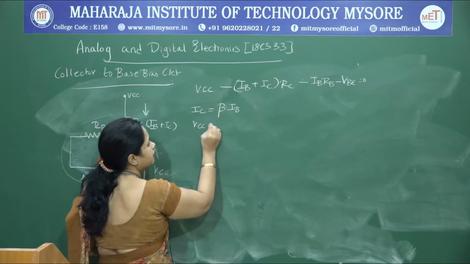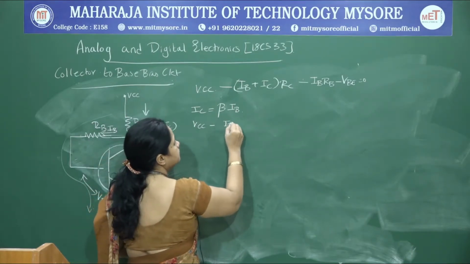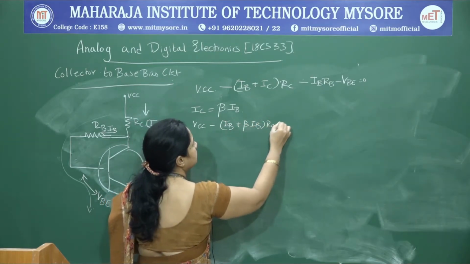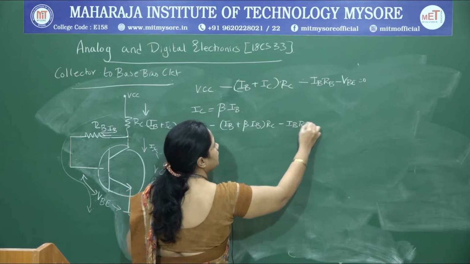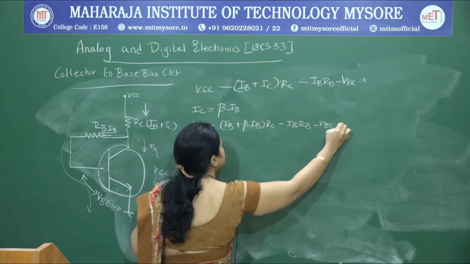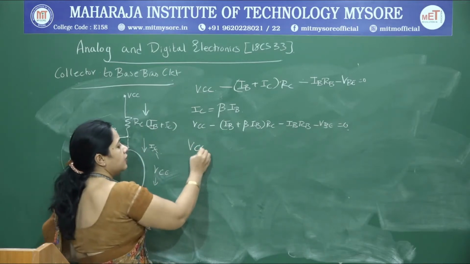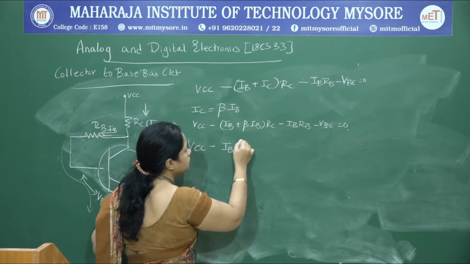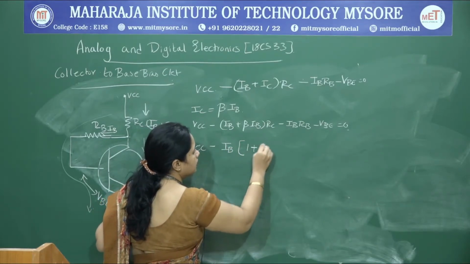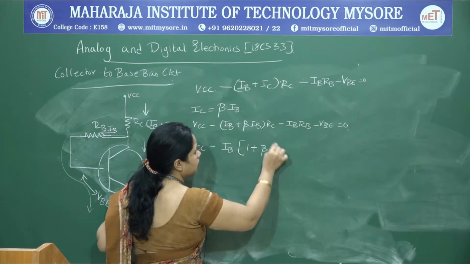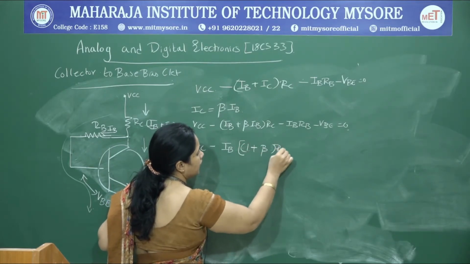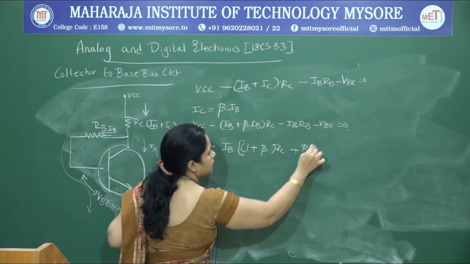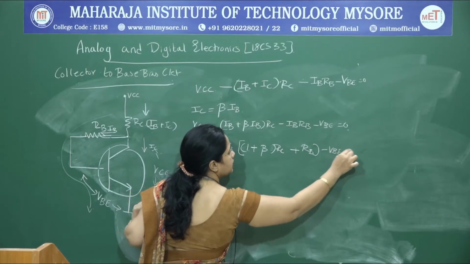So the expression ends up being VCC minus (IB plus beta IB) into RC minus IB RB minus VBE is equal to 0. If you take IB common, it is VCC minus IB into ((1 plus beta) RC plus RB) minus VBE is equal to 0.